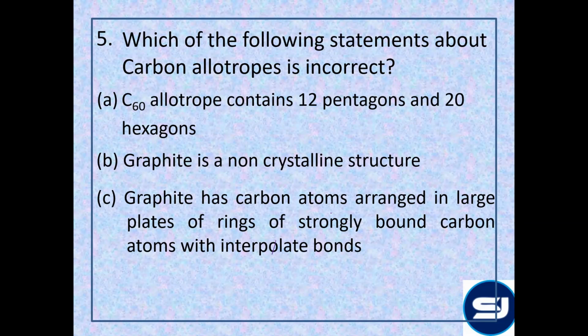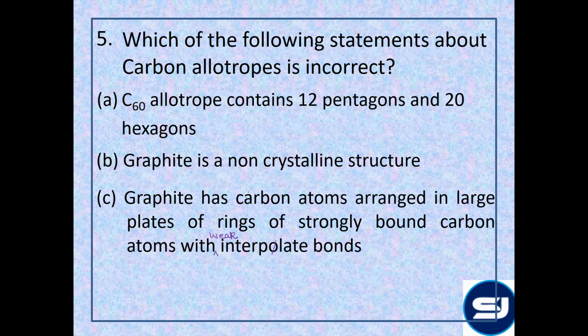Large plates of rings means a layer structure of strongly bound carbon atoms, meaning within the layer the carbon atoms are joined in rings and they are strong bonds because they are covalent bonds. But the bonds between the layers are weak pi bonds with delocalization of the electrons. The bonds present between the layers are called interplate bonds, and here we can specifically write weak interplate bonds.